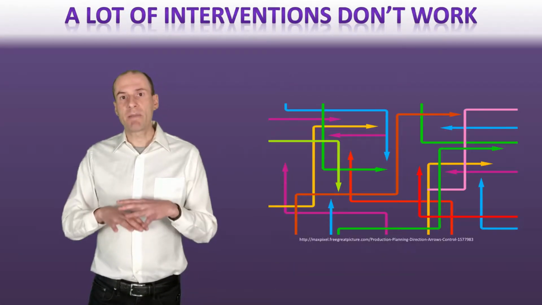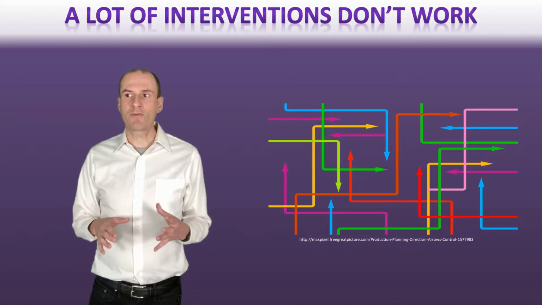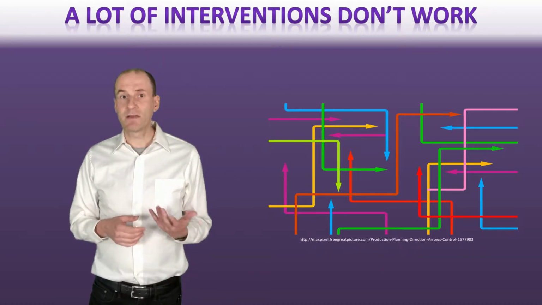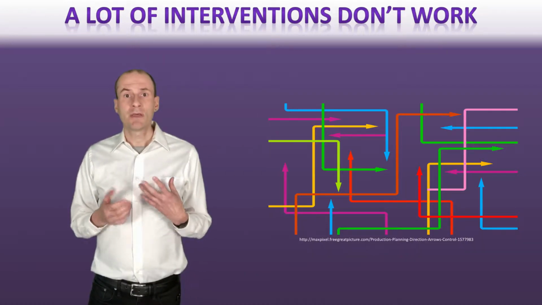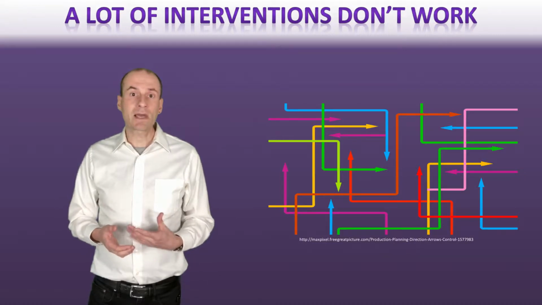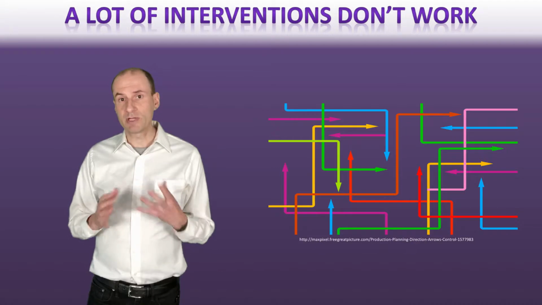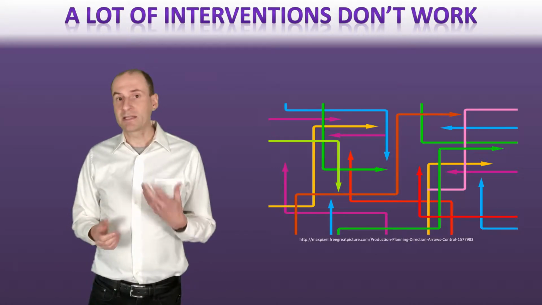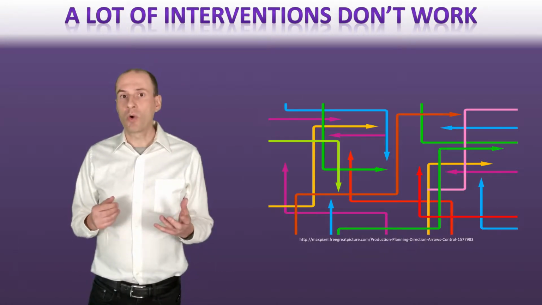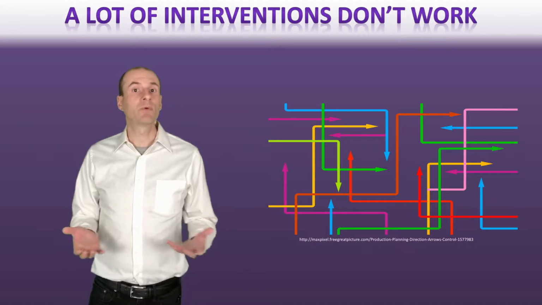When we're thinking about planning this out carefully, it's important to recognize a lot of interventions don't work. It's quite common in clinical contexts and public health contexts that we go forth and try to make a change and it doesn't stick, or it doesn't work out the way that we thought it was going to.